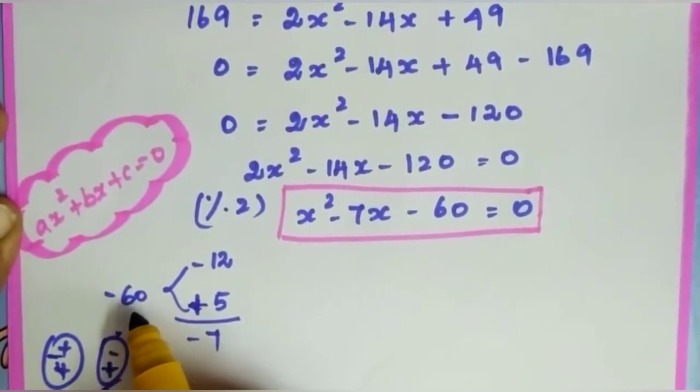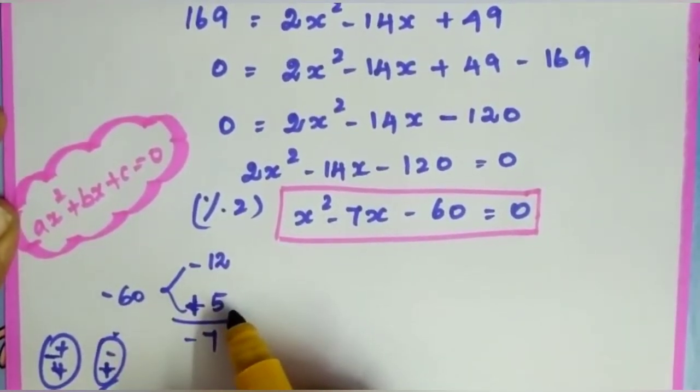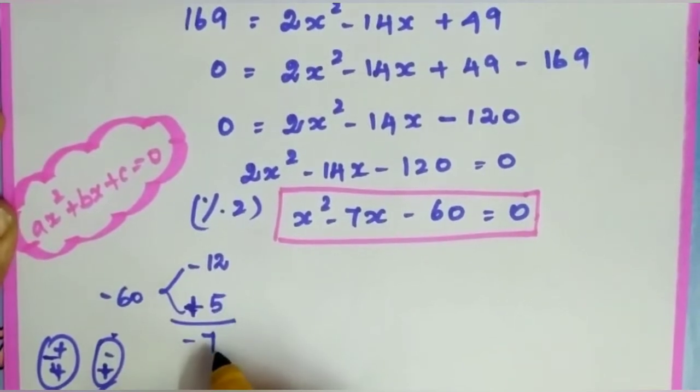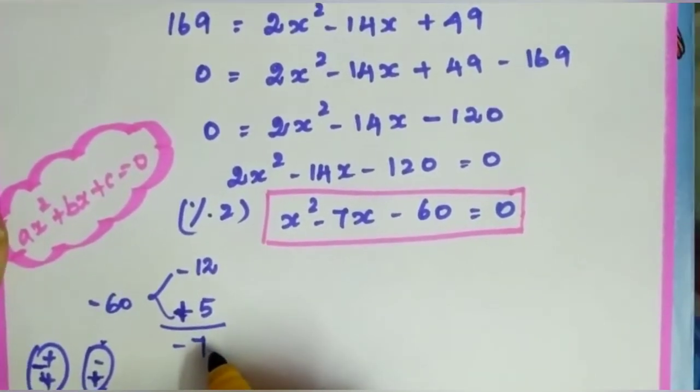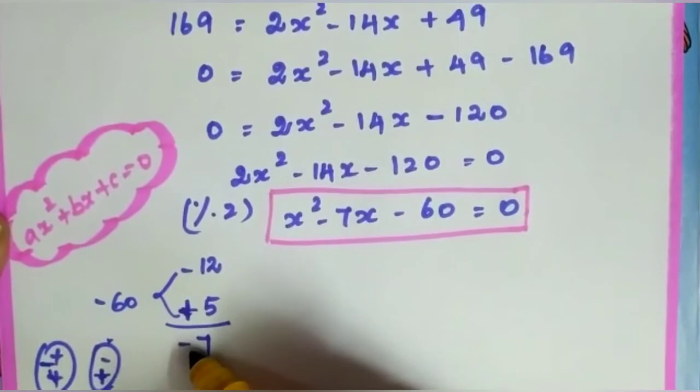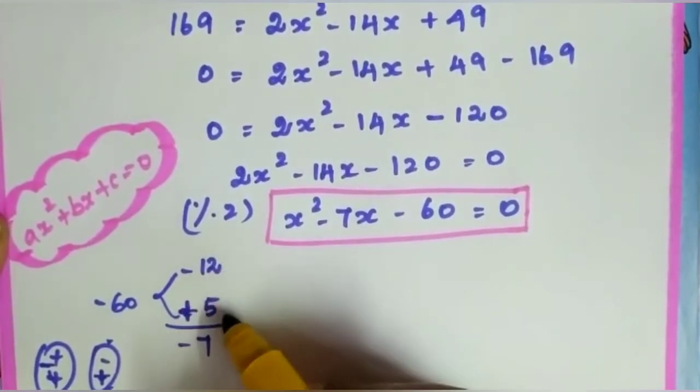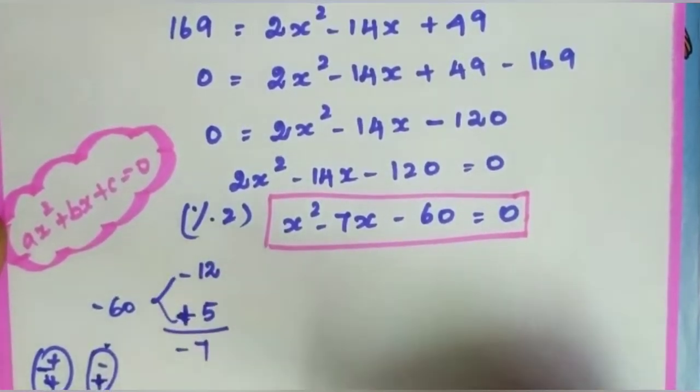How will you get 60? 12 into 5. You have to check whether you are getting minus 7. The bigger number's sign is minus and both signs are different, so you have to subtract. The number is 7.